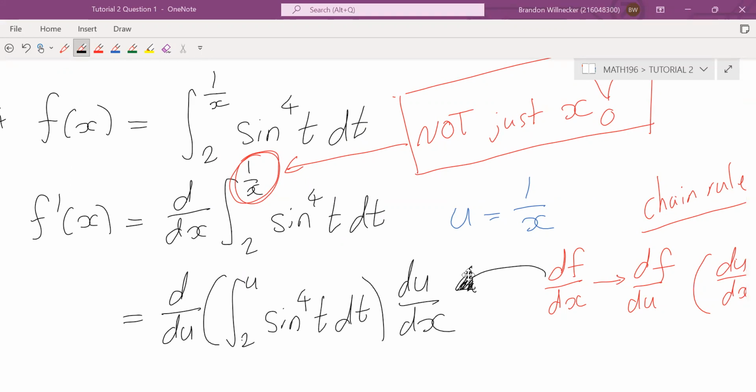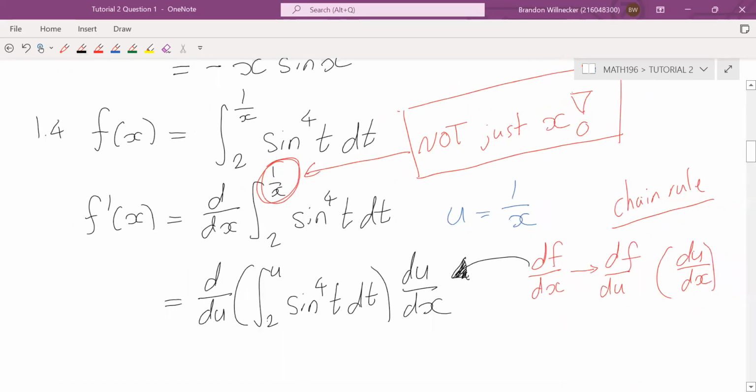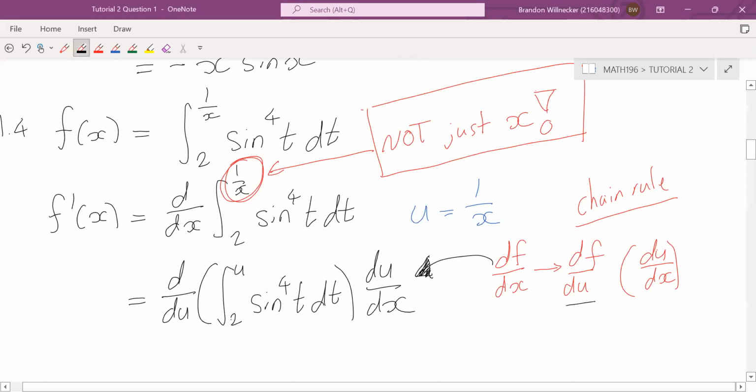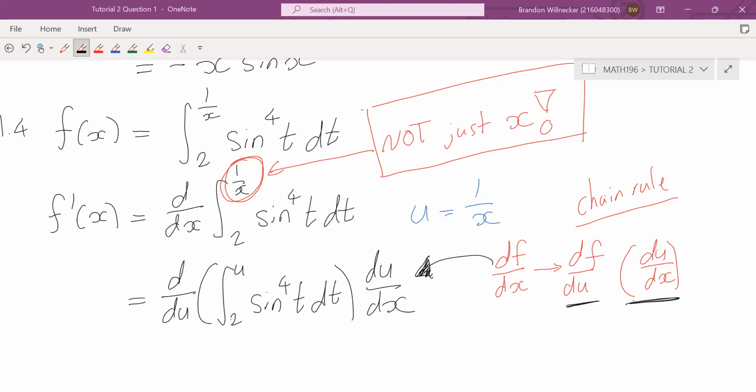Is there anyone not following that step? We've just introduced this u variable so that the upper bound becomes a single variable. But now we need the chain rule because df by dx is df by du times du by dx. That's all we've done here.